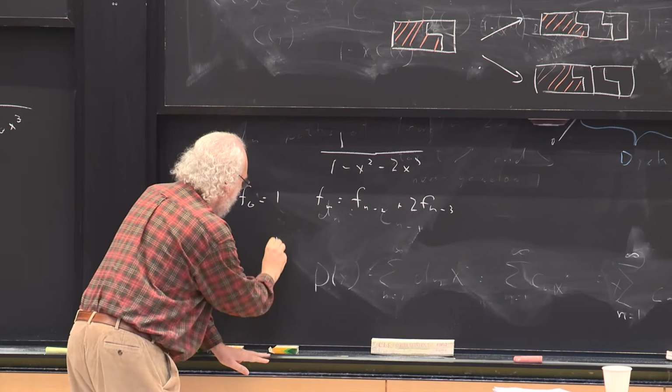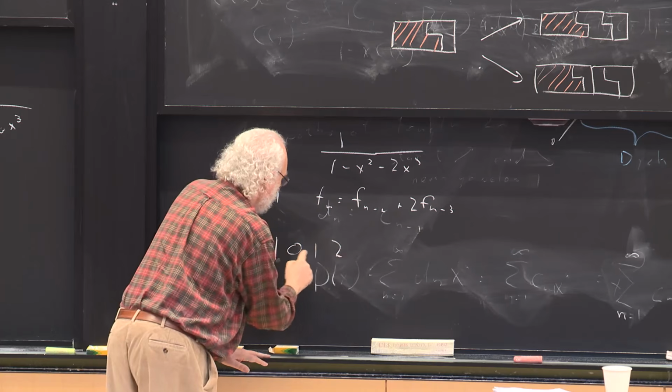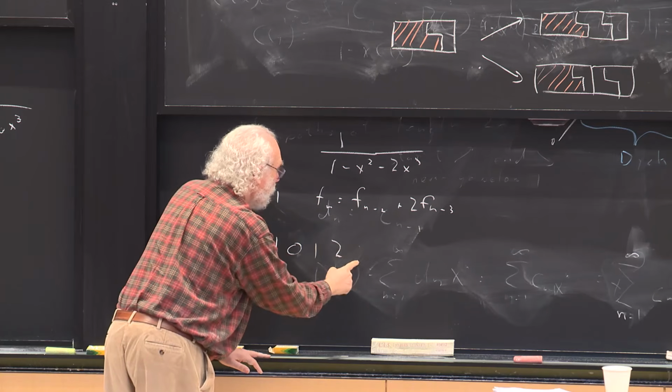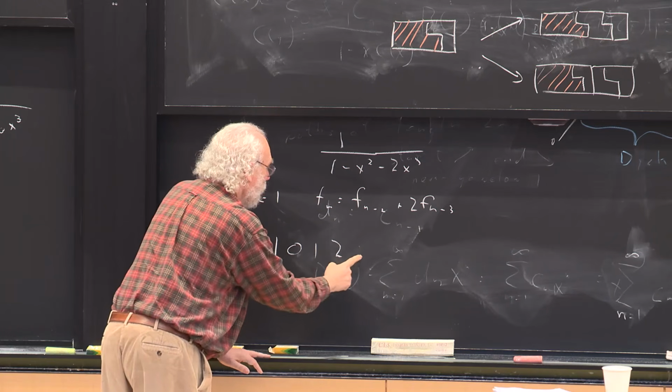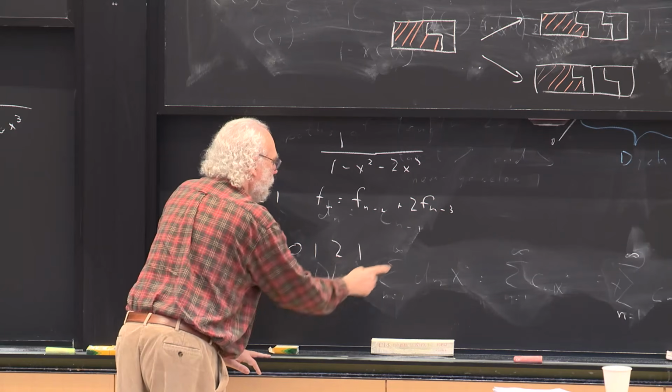So that would give you 1, 0, 1, 2, and f4 would be f2, 1 again.